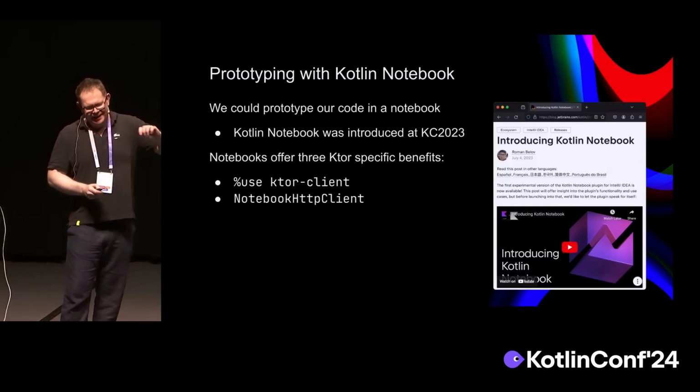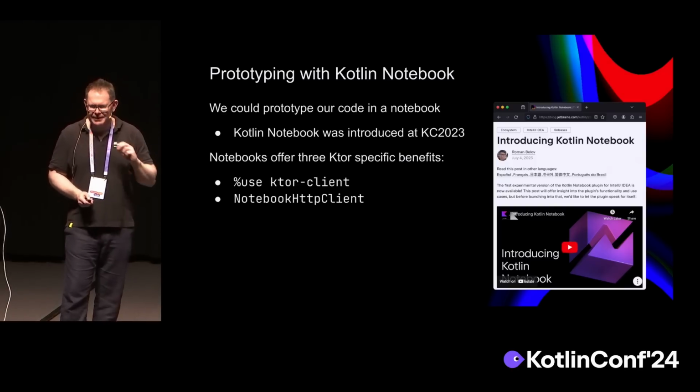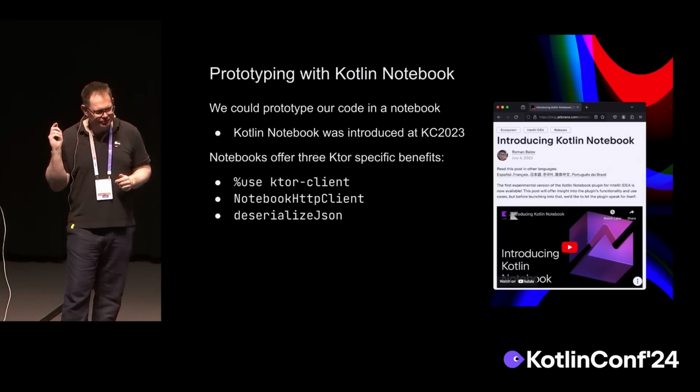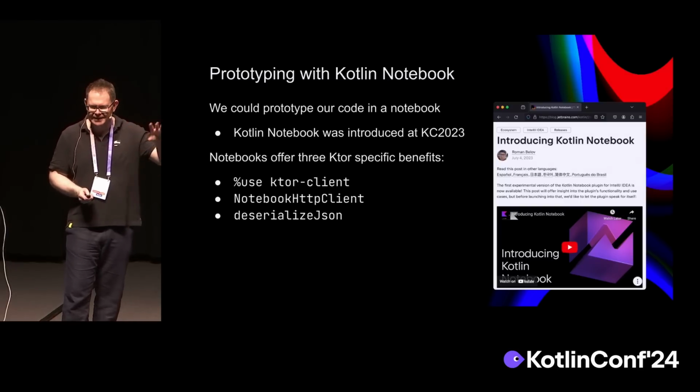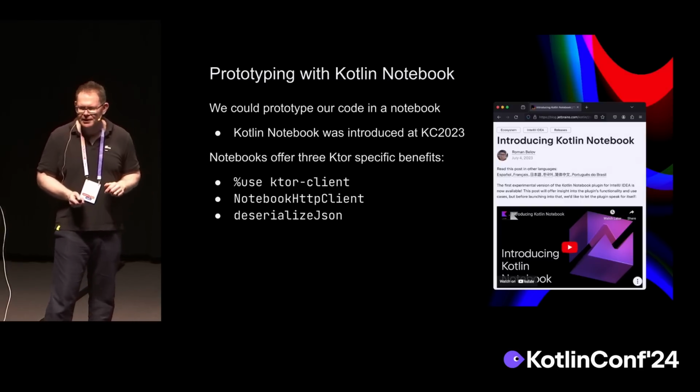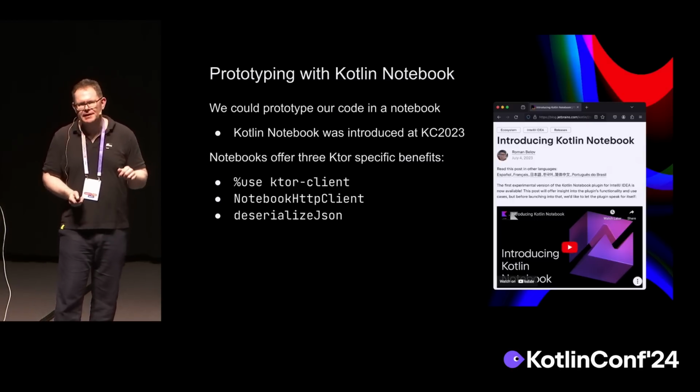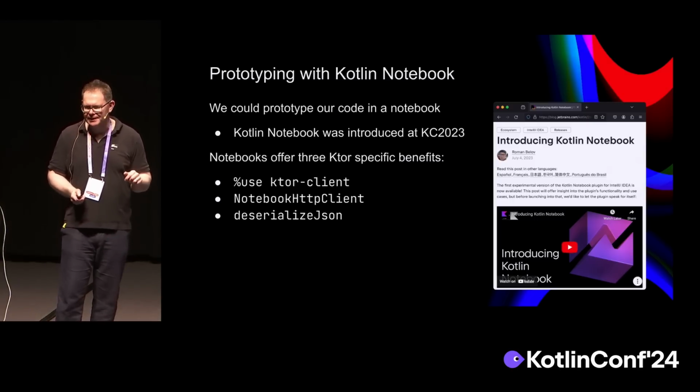And then in the case of notebooks, we're doing rapid prototyping. A little bit of magic is acceptable. Yeah, so in notebooks, you get this notebook HTTP client, which comes pre-configured with all the plugins that you're going to want for your rapid prototyping. So that's like an enhanced, a souped-up version of the standard HTTP client. And in particular, there's this magical method called deserialize JSON.